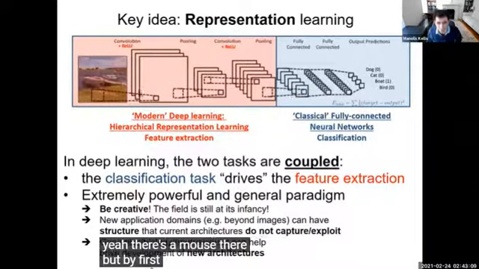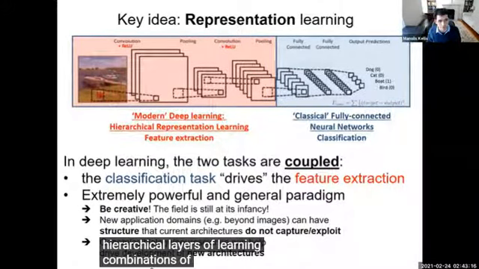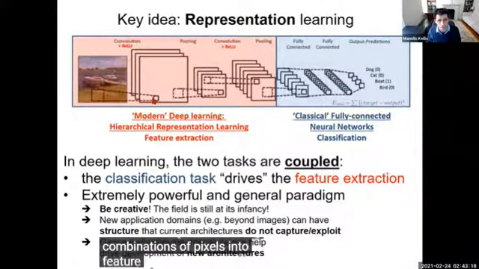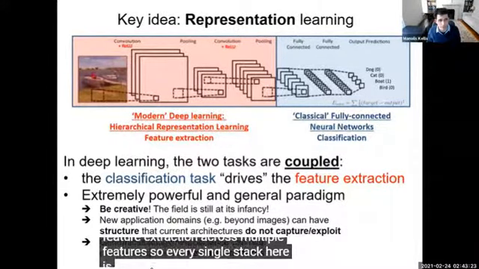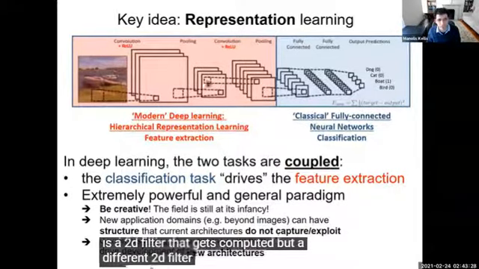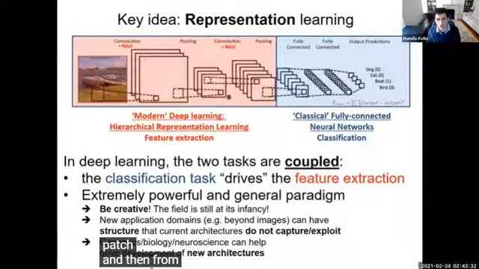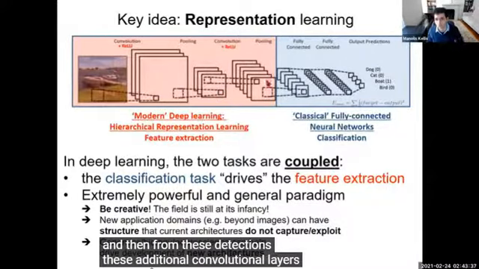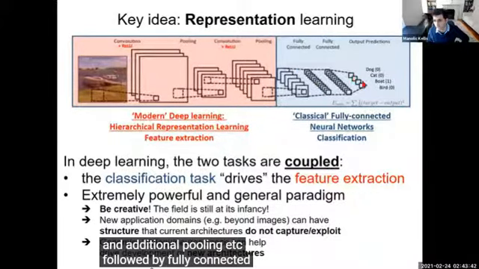But by first having these hierarchical layers of learning combinations of pixels into feature extraction across multiple features, where every single stack here is a 2D filter that gets computed, but a different 2D filter, and then a pooling layer that basically says, did I find anything in that whole patch? And then from these detections, additional convolutional layers and additional pooling, etc., followed by fully connected layers.